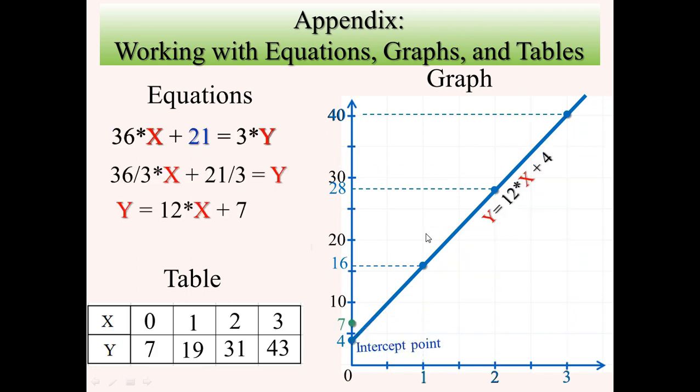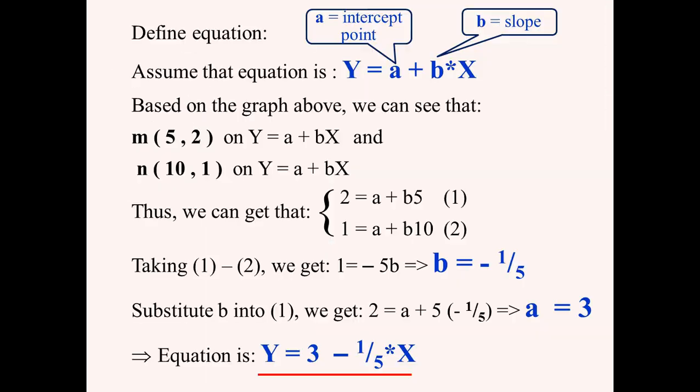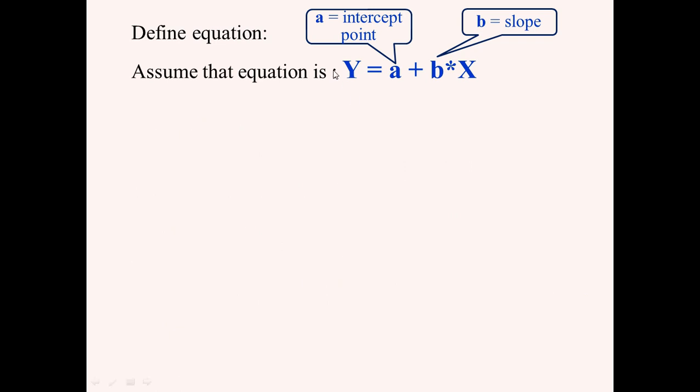So I need to make the general equation: y equals a plus bx. They say m, but I change it to a. What is a? a is the intercept.